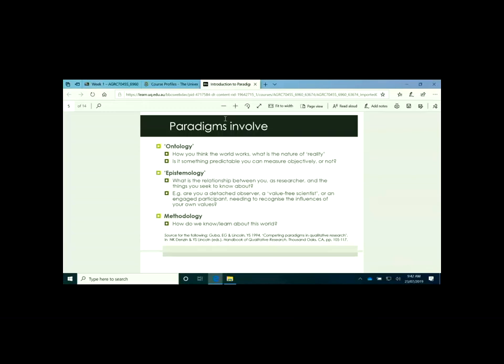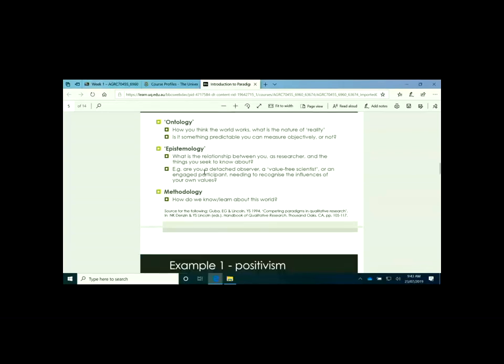All right. And needing to recognise that our own values can influence the outcome of the research. And then there's a component about methodology, so the methods that we actually use to investigate the world around us. Right, so we have 3 things.